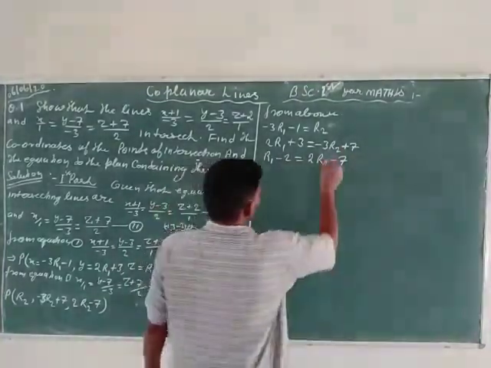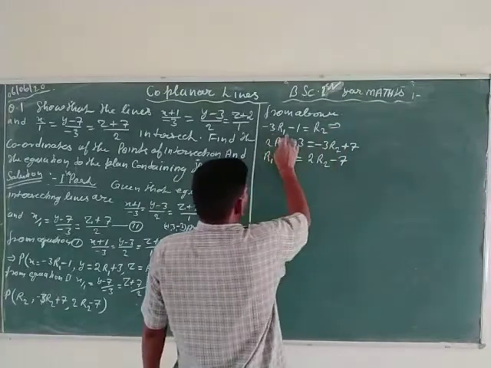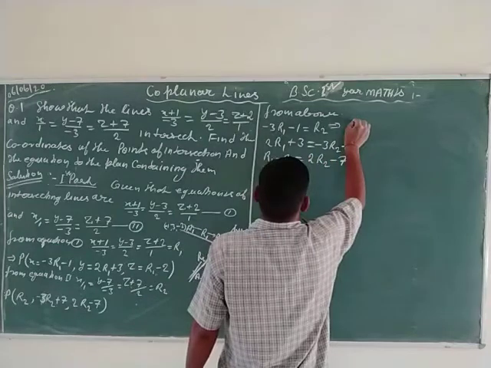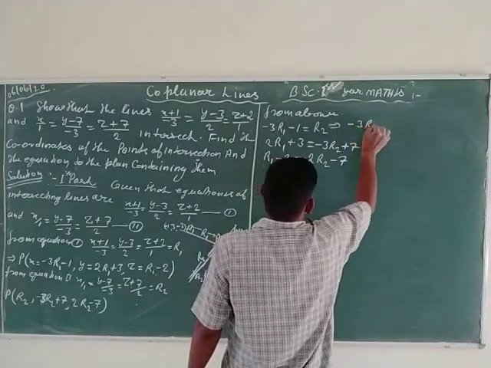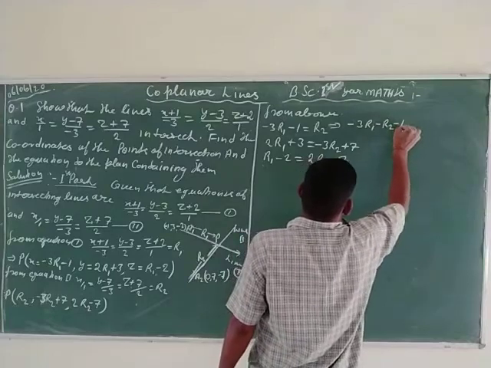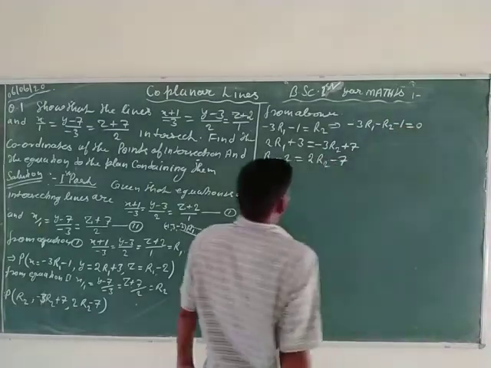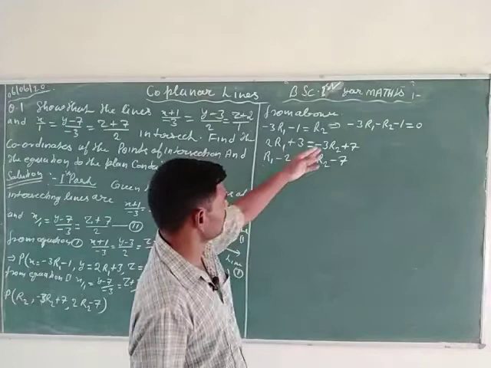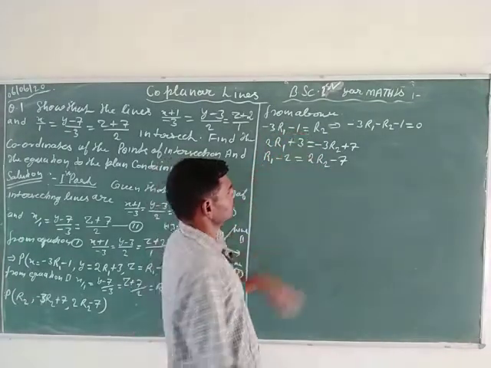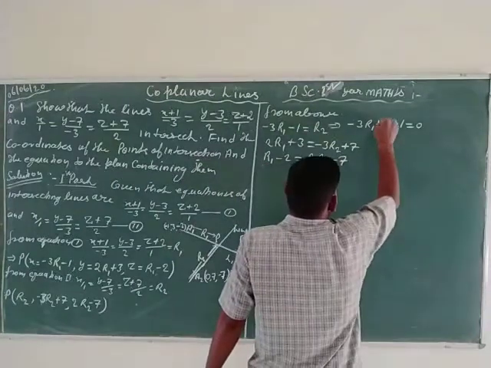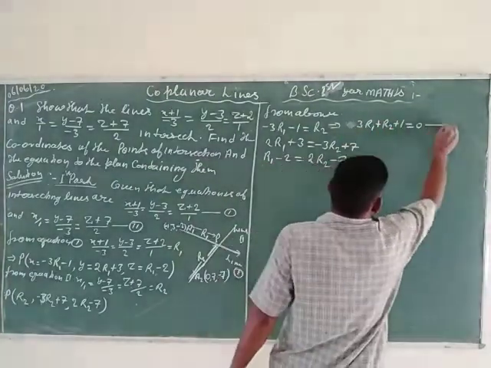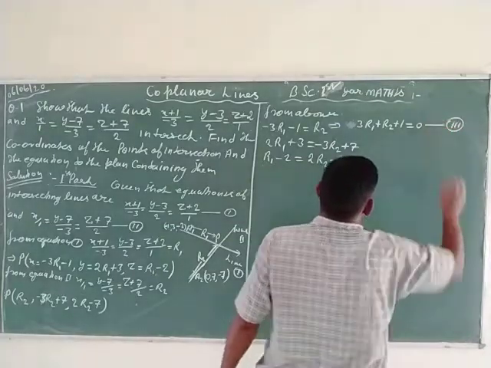Here, transferring, minus 3 r1 minus 1 is equal to r2, so write it in the form minus 3 r1 minus r2 minus 1 is equal to 0. Taking the minus sign out of the bracket, 3 r1 plus 1 plus r2, all positive, is equal to 0. This is represented by the third equation.